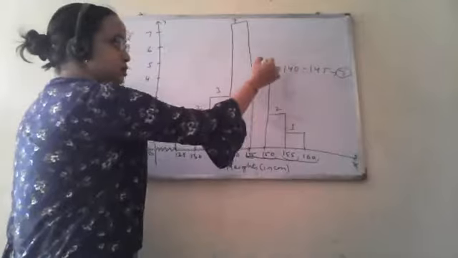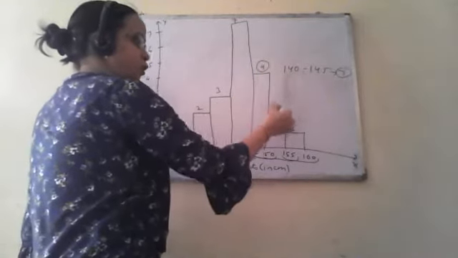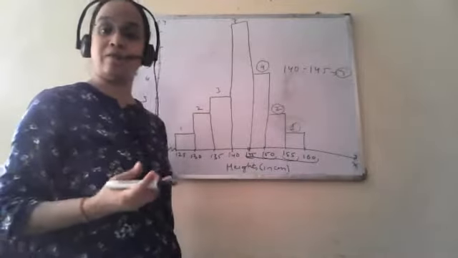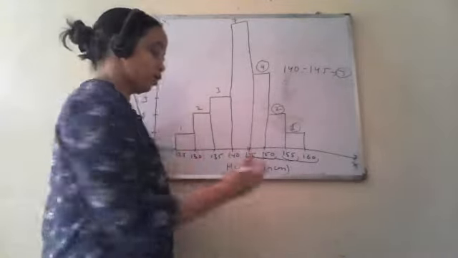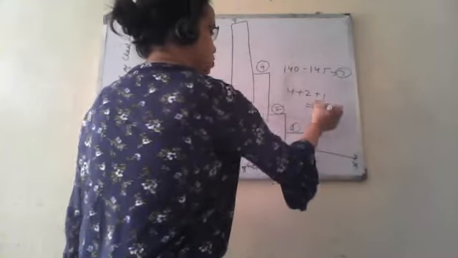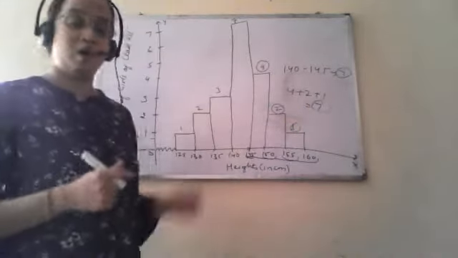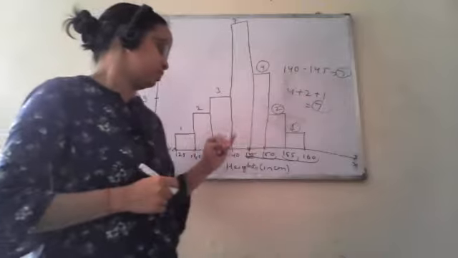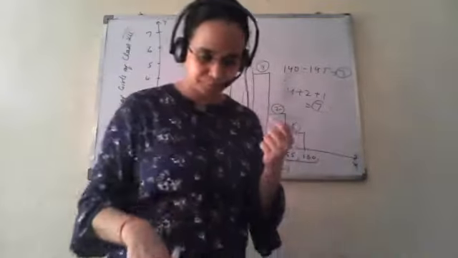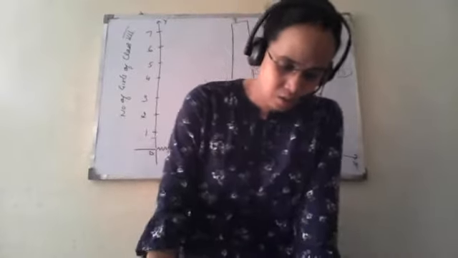Their frequencies are 4, 2, 1. So the total number of girls having height 145 or more is 4 plus 2 plus 1, that is 7. So there are 7 girls who have a height of 145 and more.